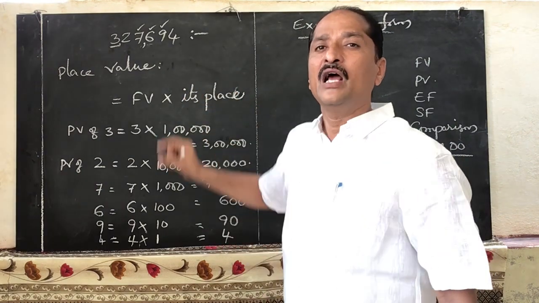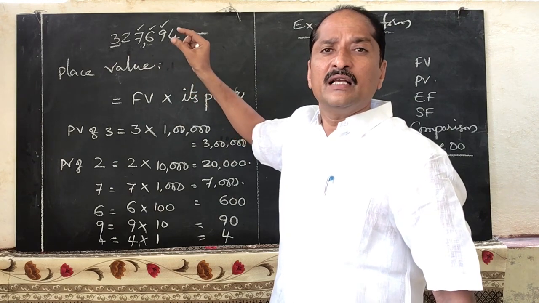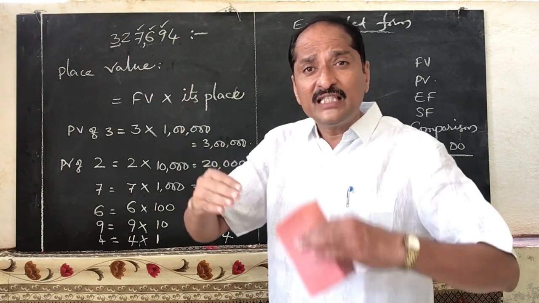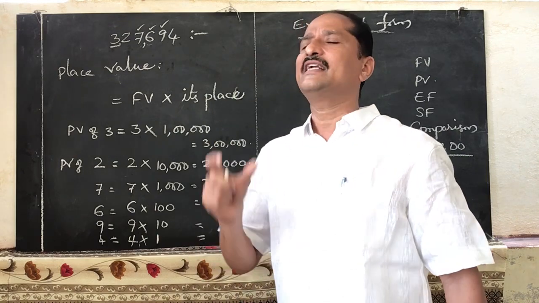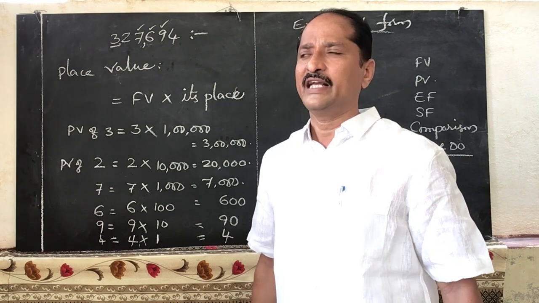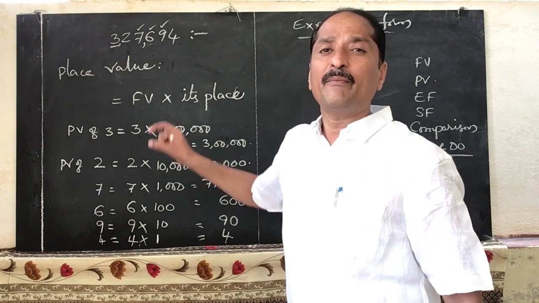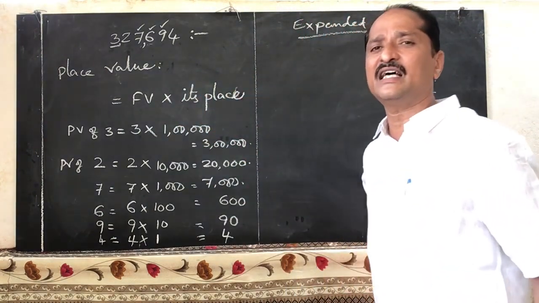How many digits do we have? 6 digits. So we should write down the place values as a sum. That is called expanded form, the sum of the place values of each digit of a given number.